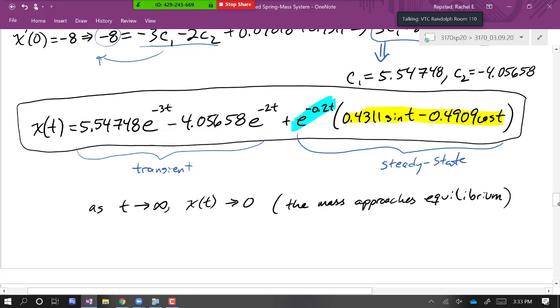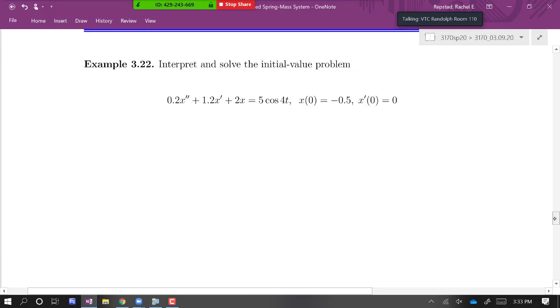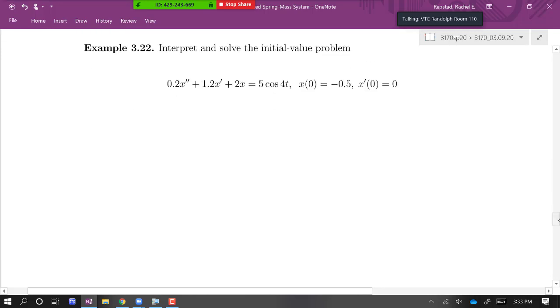In the ones that we've been doing, they describe the situation, and we set up the differential equation. What we're going to do in this example is they've given us a differential equation, and they want us to interpret it. Now, there could be multiple interpretations.